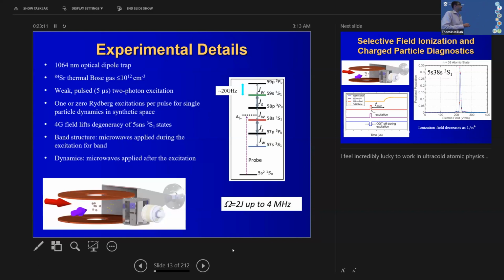For dynamics, we will have the millimeter waves off, and we'll excite to a bare Rydberg state, and then turn off the optical excitation, then turn on the millimeter waves, essentially quenching it into the appropriate synthetic dimension Hamiltonian, and then we'll watch the system evolve from it. So 2 different ways of doing the experiment. And the tunnelings, J, can be up to 2 megahertz in the experiments that were shown.